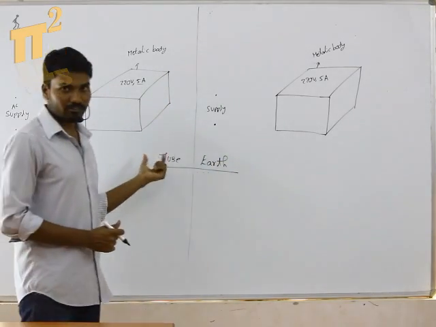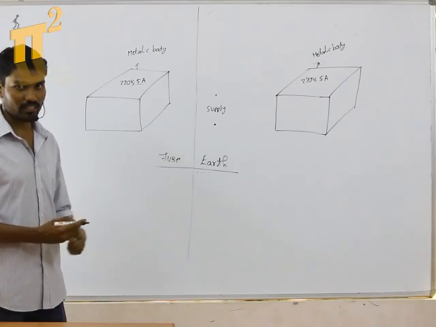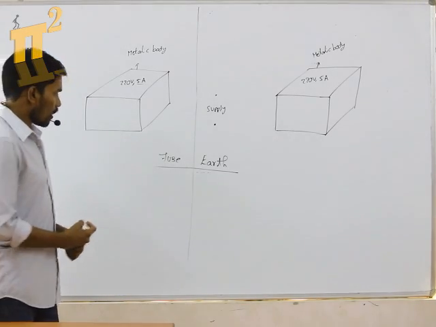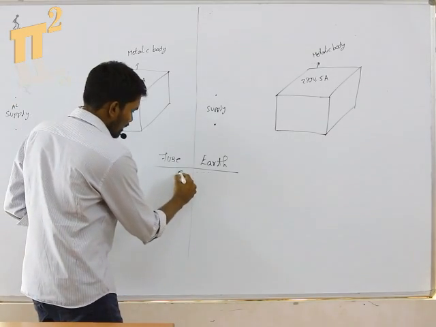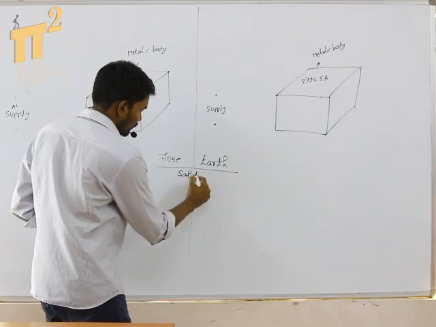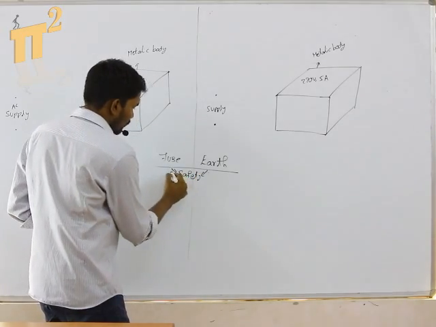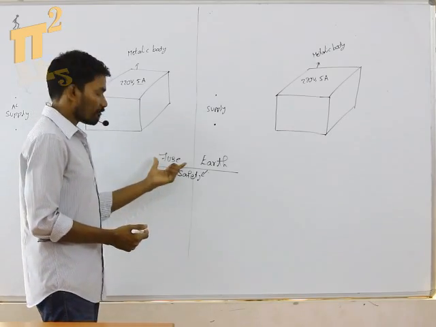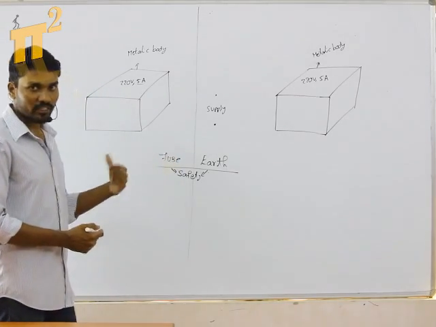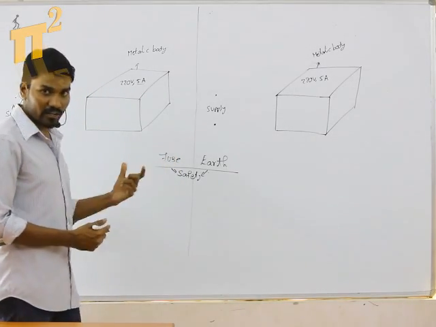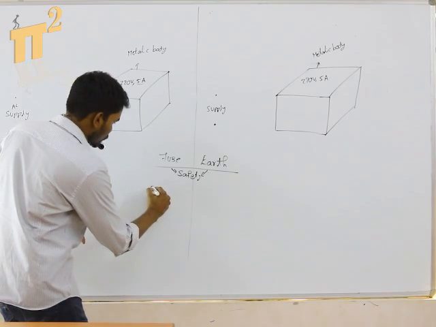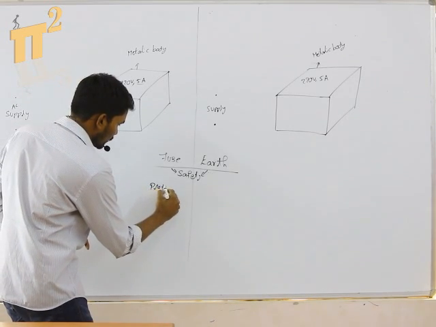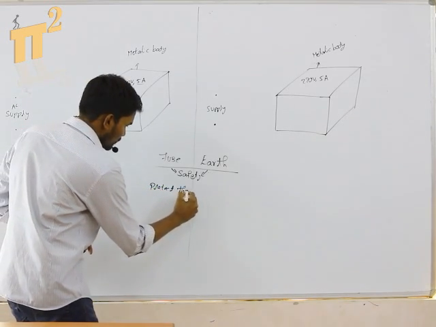What are these two? What is fuse and what is earth? What are they used for? Both are for safety, both are safety measures. But fuse is protecting or safeguarding the appliance. This is to protect the appliance.